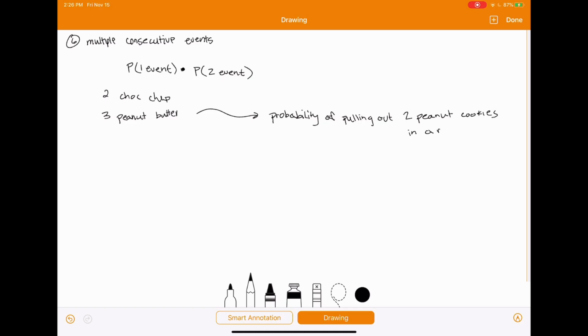in a row. All right, so probability of the first event would be to pull out 1 peanut butter cookie from a bag containing 5 total cookies.